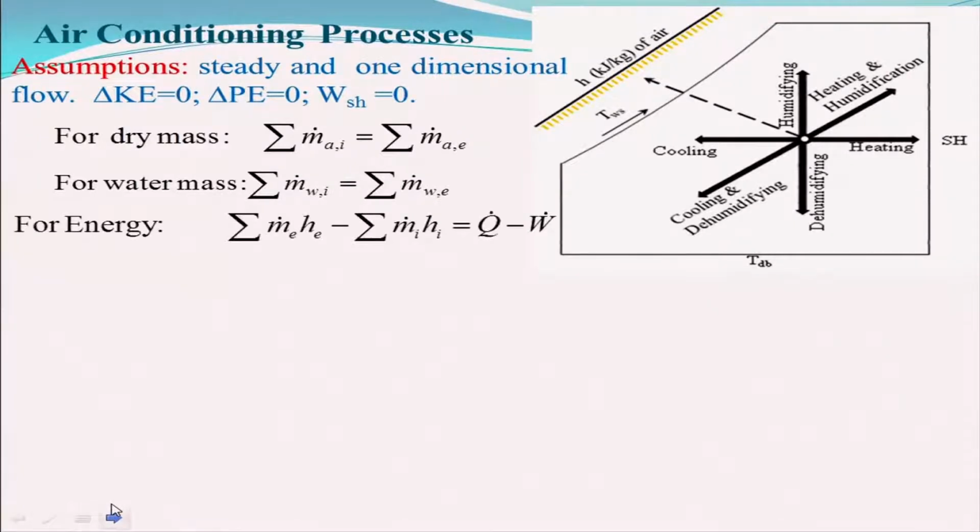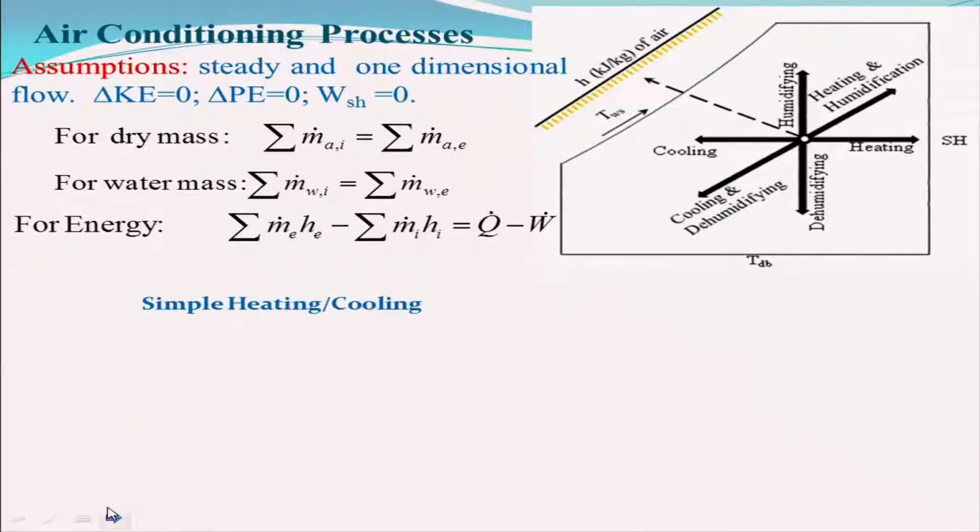And we will be doing the energy balance: the summation of enthalpy at the exit minus the summation of enthalpy at the inlet is equal to Q dot minus W dot. Shaft work we may neglect, most of the time we will be neglecting it, but heat will always be there, so we cannot neglect that.